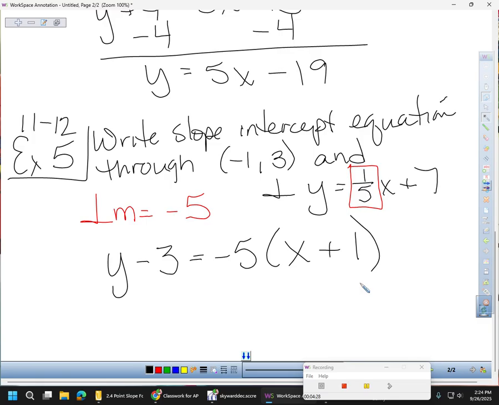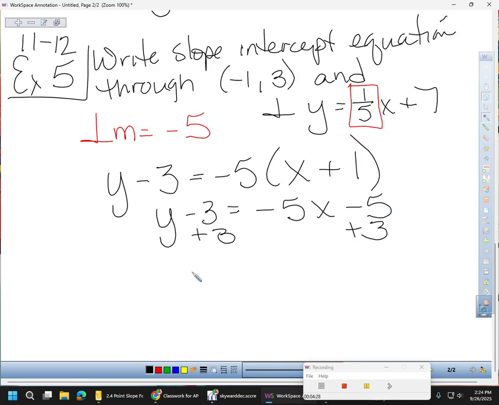So Grady, what do I do first? Good. So y minus 3 equals -5 times x, -5x, negative 5 times 1 is negative 5. And then what's the last thing we have to do? Add 3. Excellent. So we get y equals negative 5x minus 2.